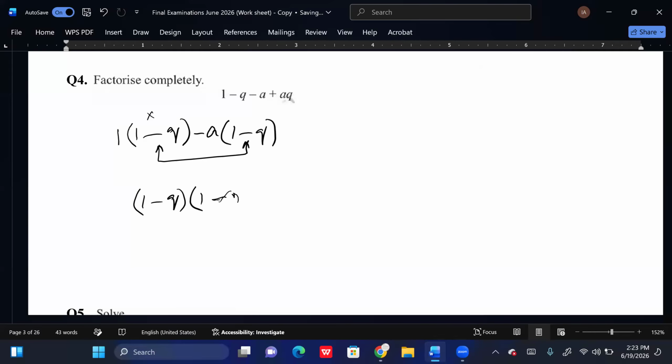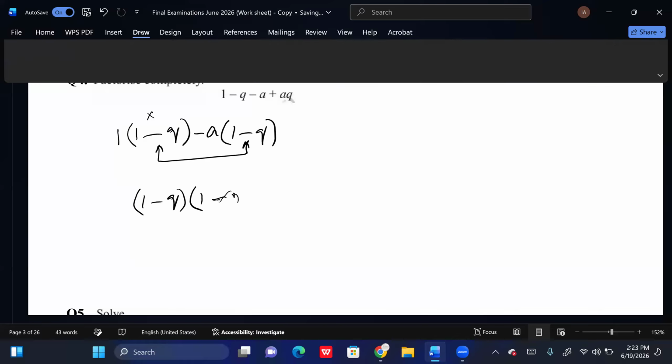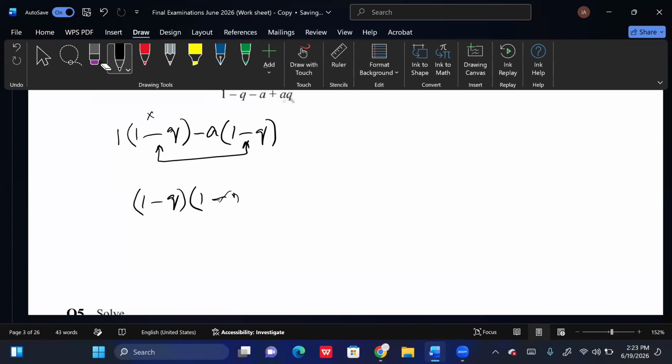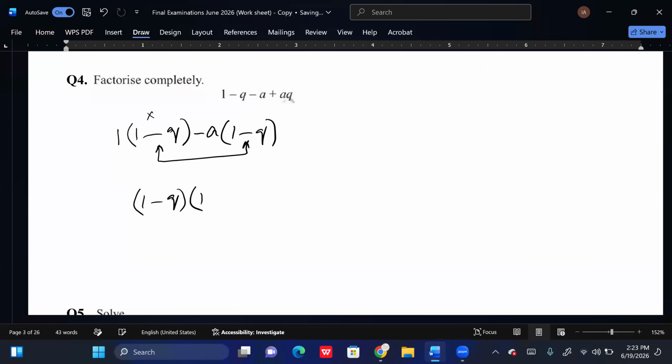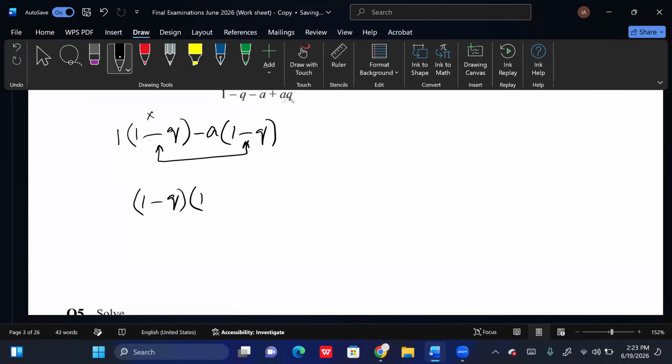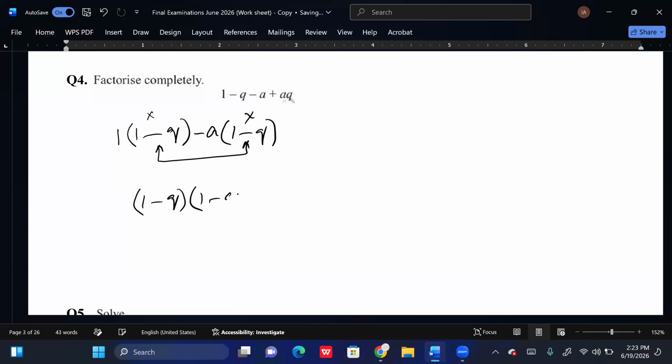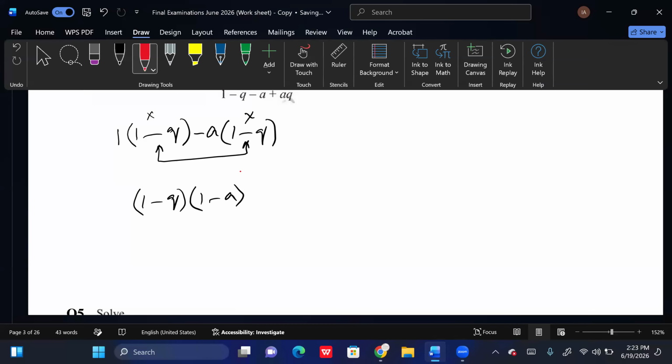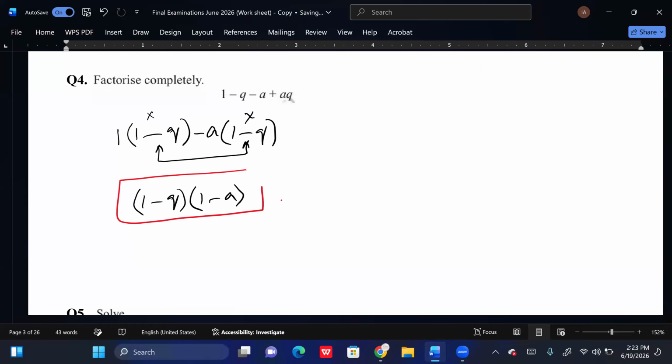Look at it carefully, the second bracket. I hope you got the idea what we have in the second bracket. It's 1. We remove this term, we have minus a. Yes, this is our final bracket of our factorization in which we had only 4 terms.